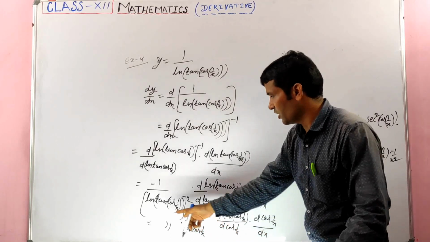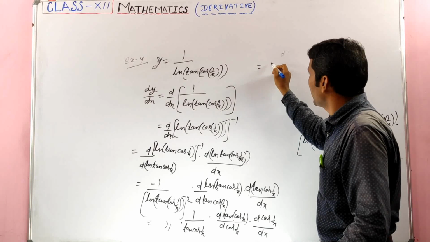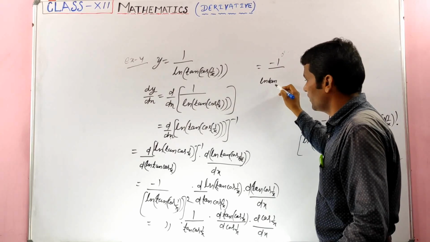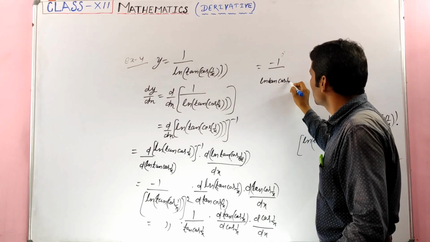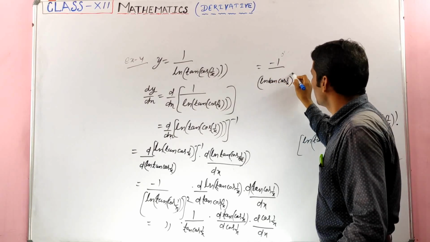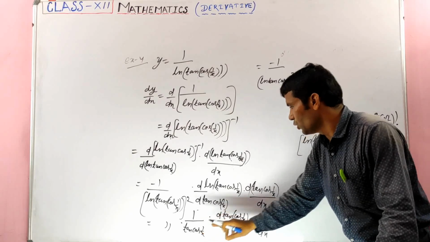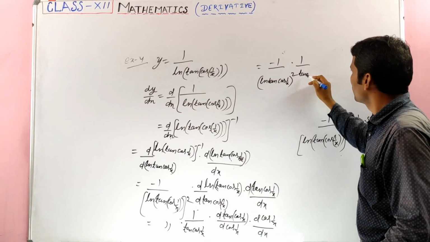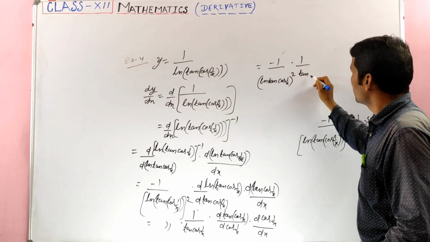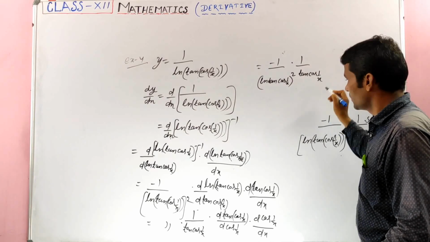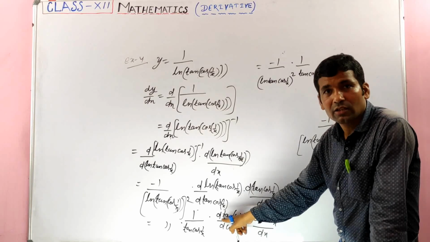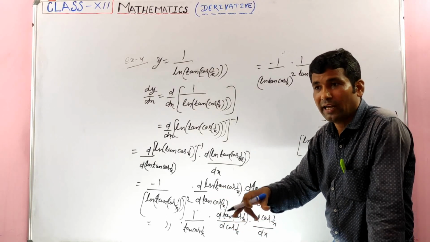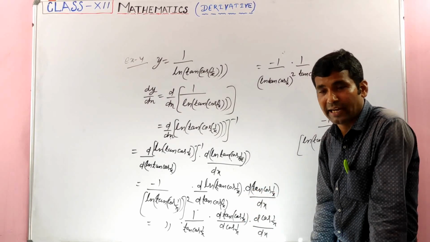Here we have already applied the formula, so write it as minus 1 by ln tan cos 1 by x whole square into 1 by tan cos 1 by x. Now there is a symbol d, so we have to apply the formula.